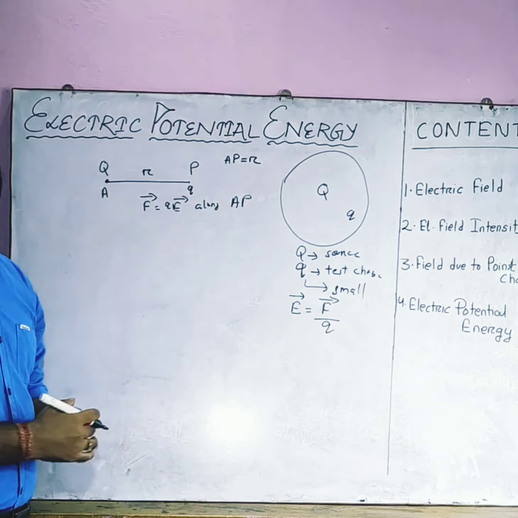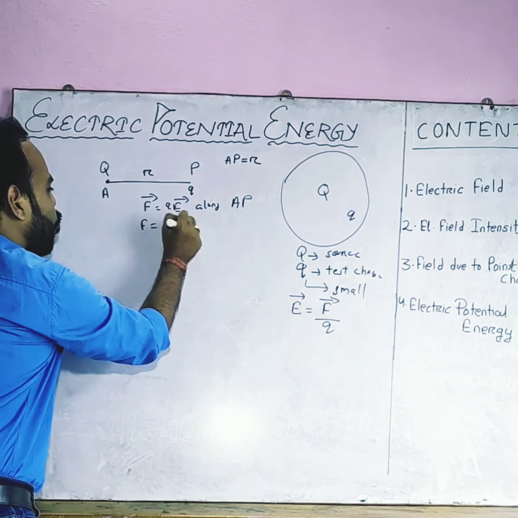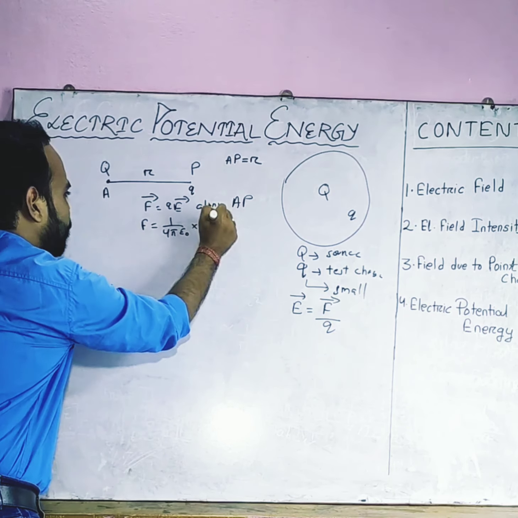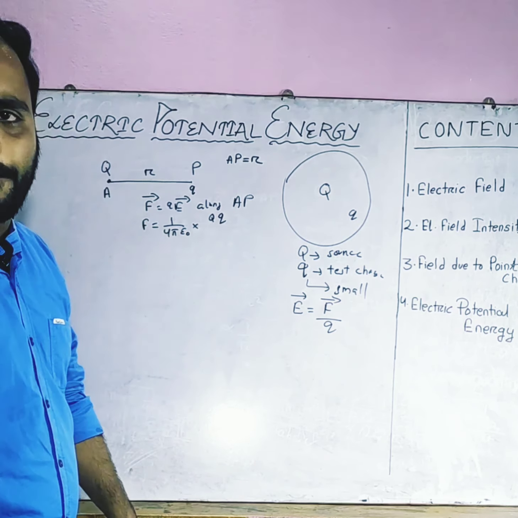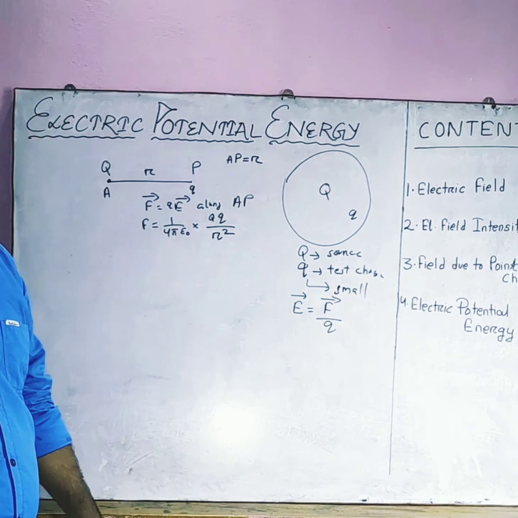Now from Coulomb's law, we know that F is given by 1 by 4 pi epsilon 0 multiplied by the product of magnitude of two charges, that is small q and capital Q, divided by square of distance between the two charges.